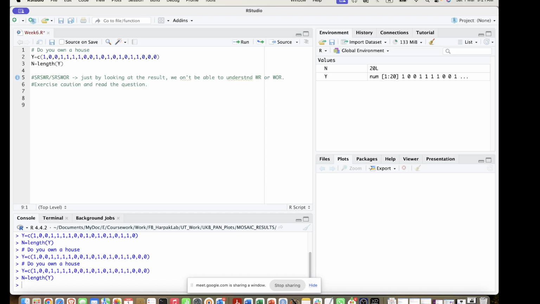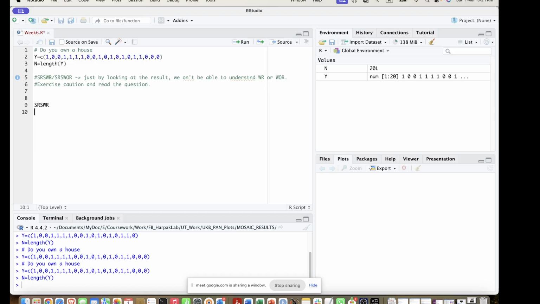So let's say I want SRSWR. So I'm going to do sample WR equal to sample capital Y. Let me sample a sample of size 8, let's say.